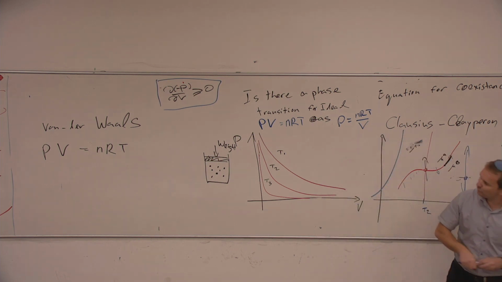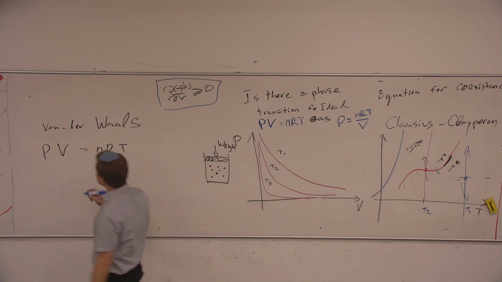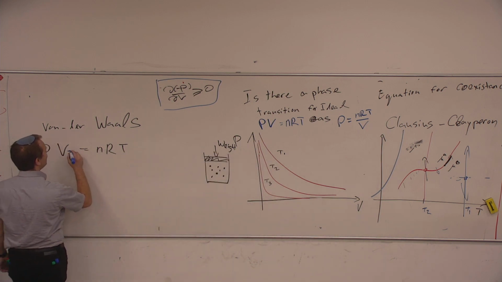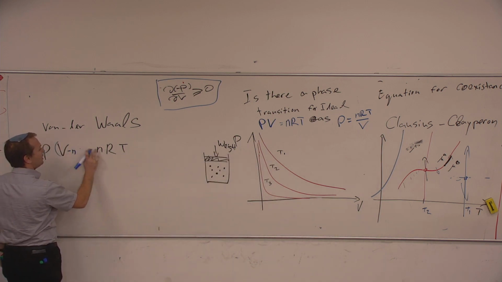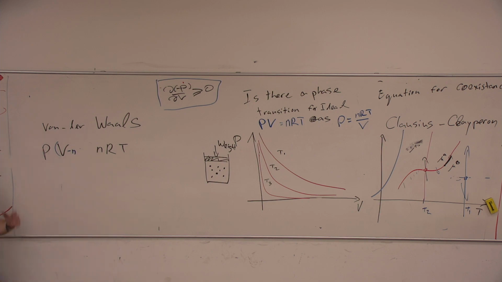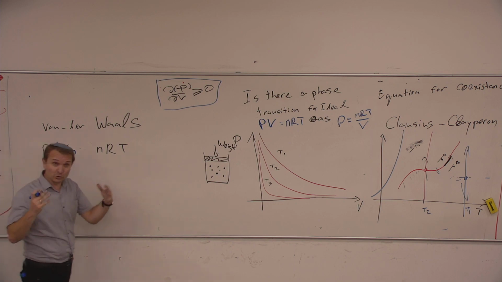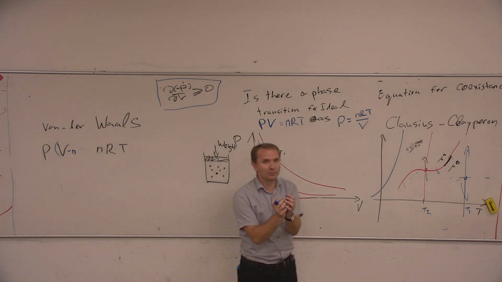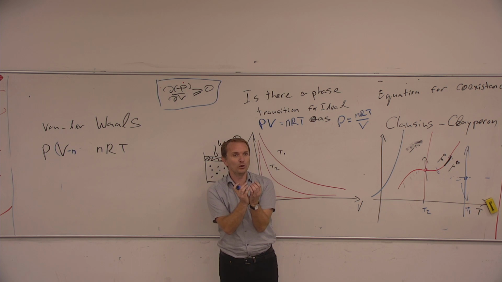So first of all, he said, look, this part over here, we will decrease it a little bit. Let's assume, and they already had those thoughts, that there are molecules. So from the total volume, we have to subtract the self-volume of the molecules.